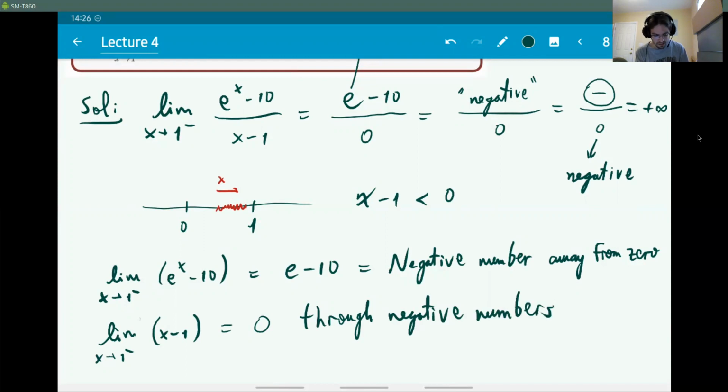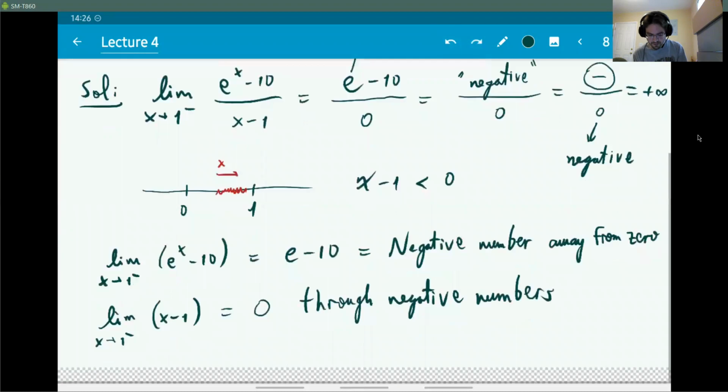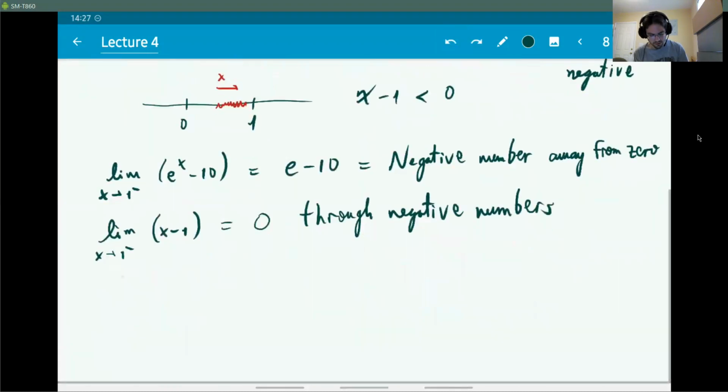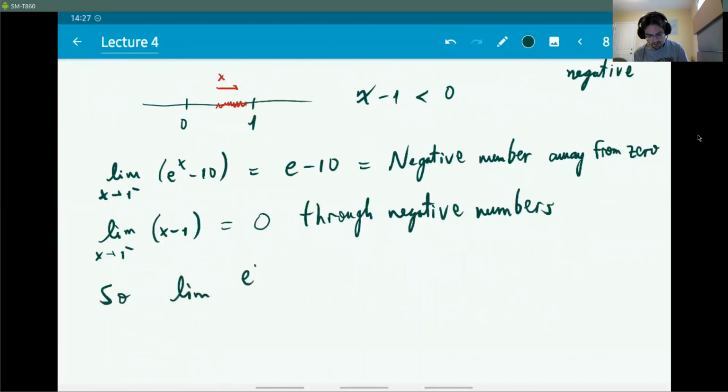This means as you approach 1 from the left, x minus 1 is going to 0, but it's also negative. Now, if you divide the first one by the second one, first of all, it is going to be negative over negative, which makes it positive. But second of all, it's also going to be growing in size because you have a non-zero number divided by a very small number. So the limit of one by the other is plus infinity.